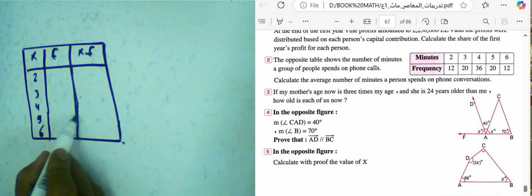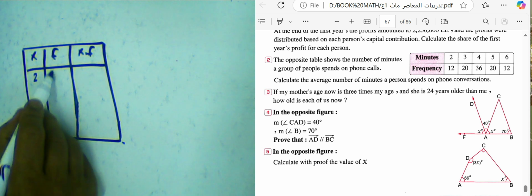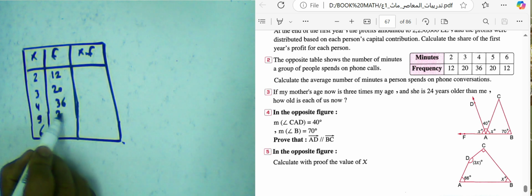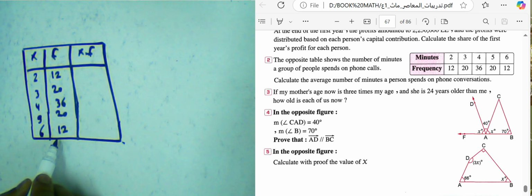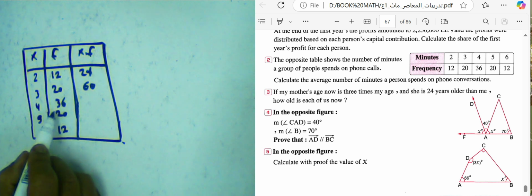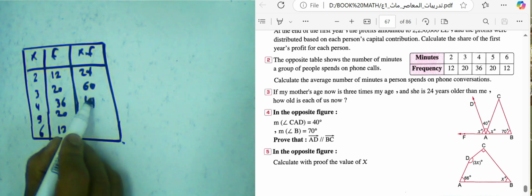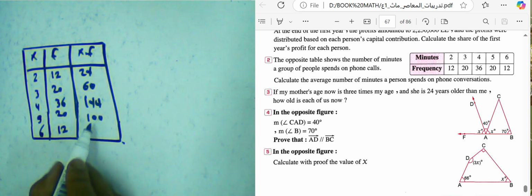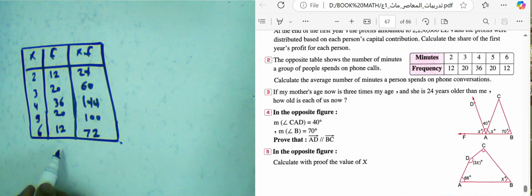The frequency f was 12, 20, 36, 20, 12. 2 times 12 is 24, 3 times 20 is 60, 4 times 36 is 144, 5 times 20 is 100, 6 times 12 is 72. And then we can find the sum of frequency here.